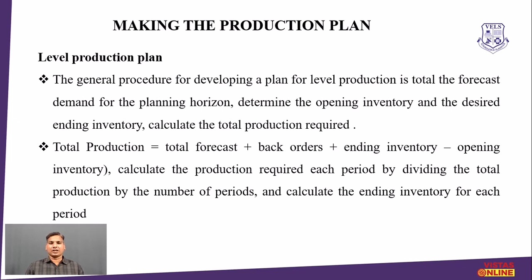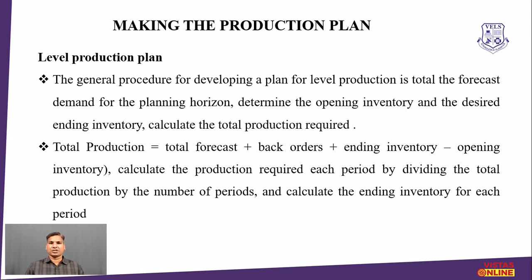Here the total production is calculated with the help of a formula: total forecast plus back orders plus ending inventory minus opening inventory. We should know that the total production cost will also influence your production plan.